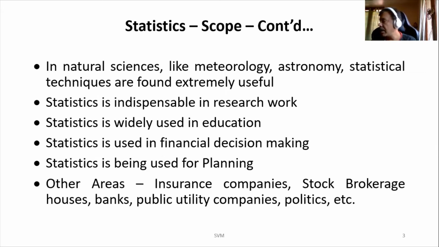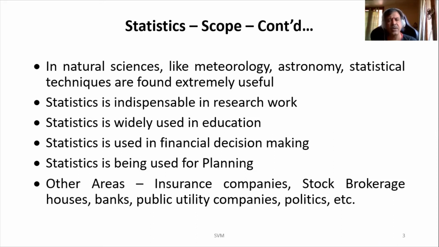All those things are there wherein you use statistics. In insurance companies, there are actuaries who use a lot of statistical applications to arrive at a premium for a particular policy and all those things. Apart from actuarial jobs, there are a lot of other areas in insurance companies where statistics is hugely used. Stock brokerage houses, of course, share analysis, share prices, volatility, all those things use statistics.